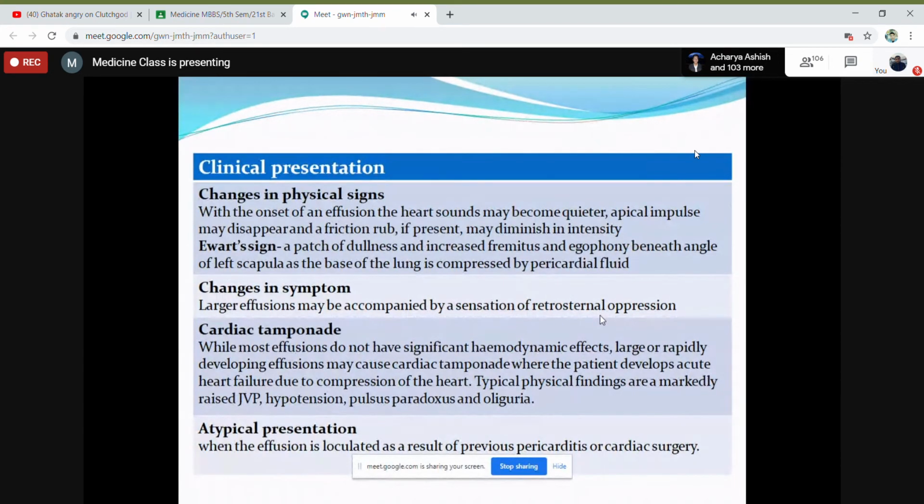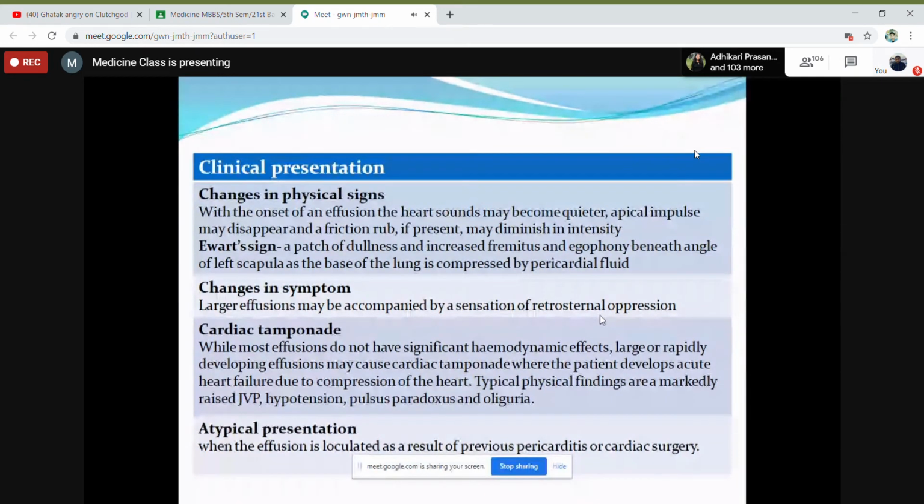Okay, so because of the large amount of fluid that is accumulated in the pericardium, the patient develops features of acute heart failure due to compression of the heart by the pericardial fluid. So this is called cardiac tamponade.